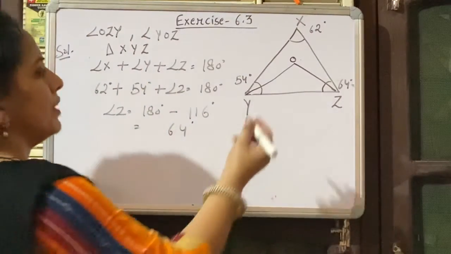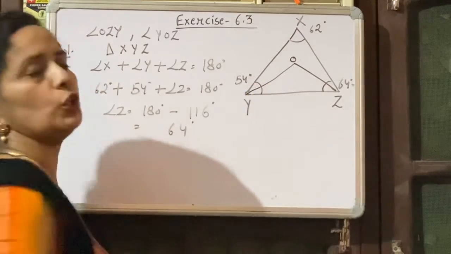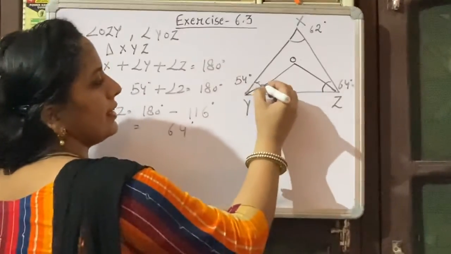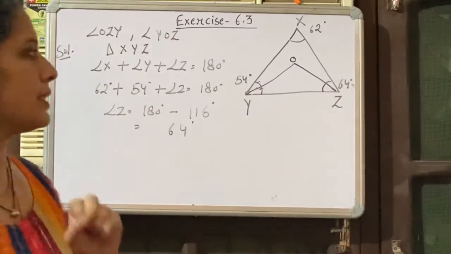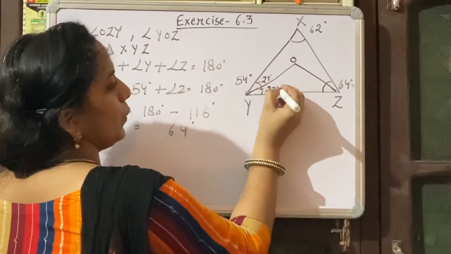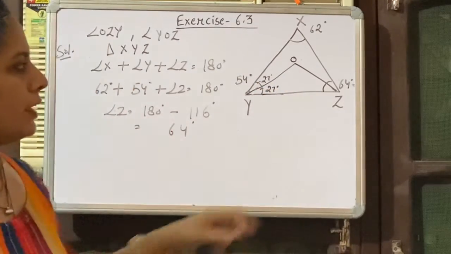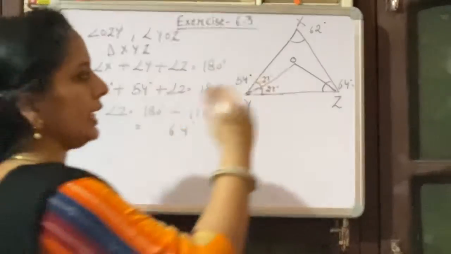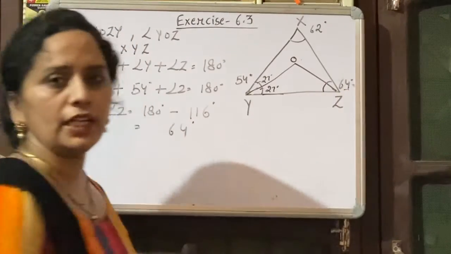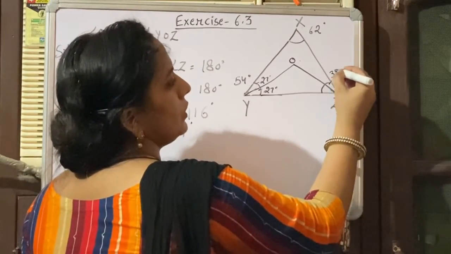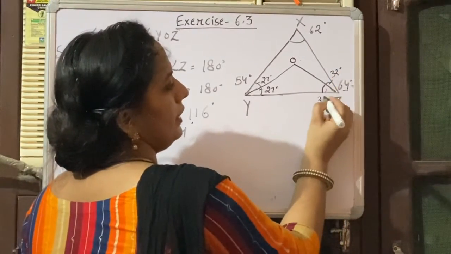That means if this complete angle is equal to 54 degree, then this line bisects this angle into two equal parts, then it will be equal to 27 degree and 27 degree. Similarly, this is also the bisector. So if this complete angle is equal to 64 degree, then after bisecting, this will be equal to 32 degree and 32 degree.